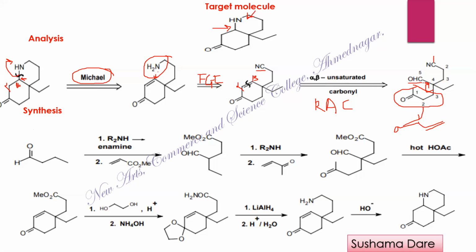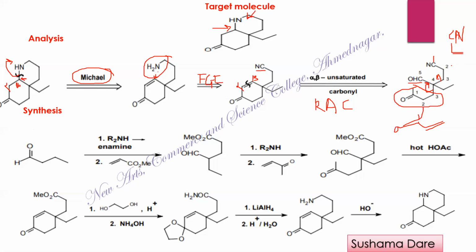The remaining part is again a 1,5 difunctionalized group. So again we have to disconnect the same 3,4 bond in the direction of 4. The reason behind it is that it is more substituted. So at the end, from this side, what you are getting is CN, and the double bond is on this, a vinyl cyano group.